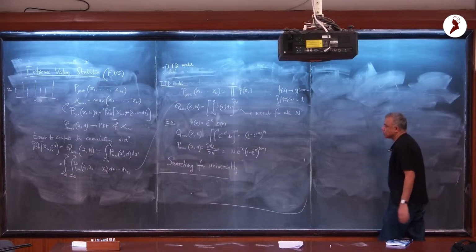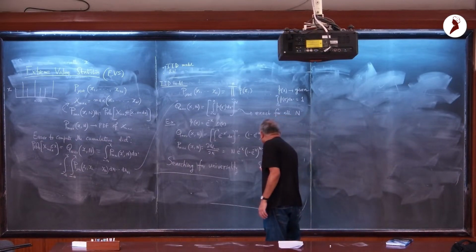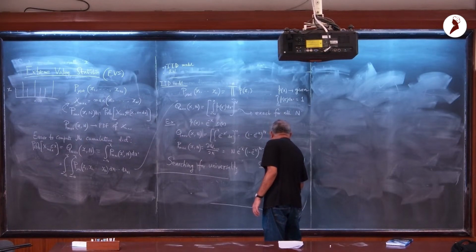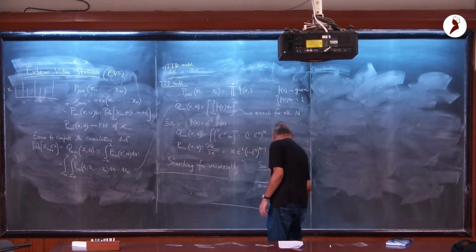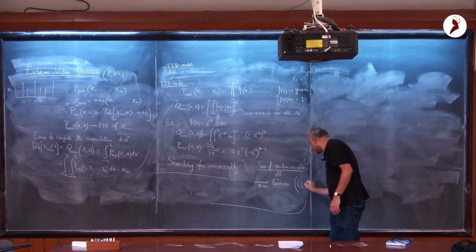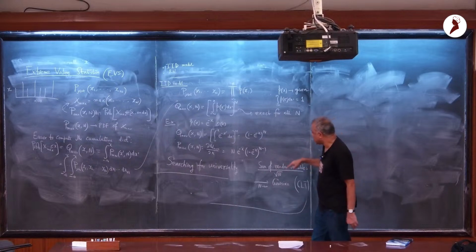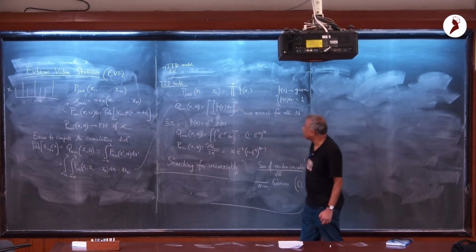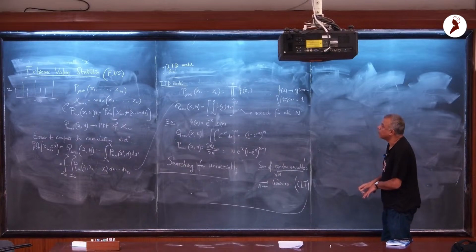Just as a sum of random variables divided by square root of n in the long time limit converges to a Gaussian distribution, this is the central limit theorem. Is there any similar analog when we look at the large n limit of this functional form?